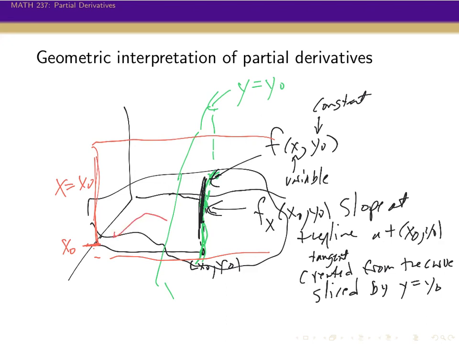And so this then is going to cut through and make some curve that's moving horizontally. And so this curve here is z equals f of x naught, y. And so y is our variable. x naught is a constant.